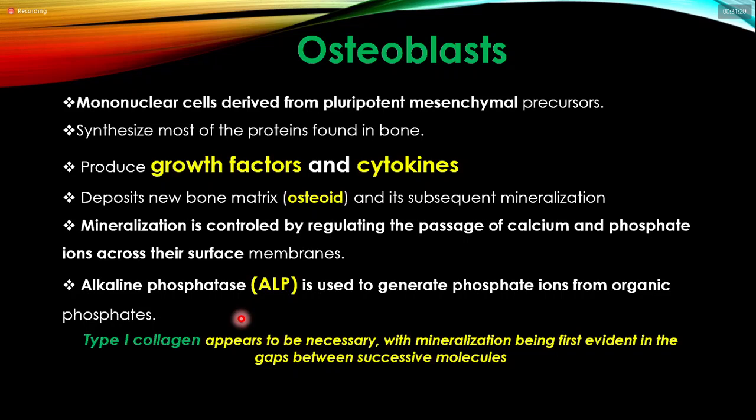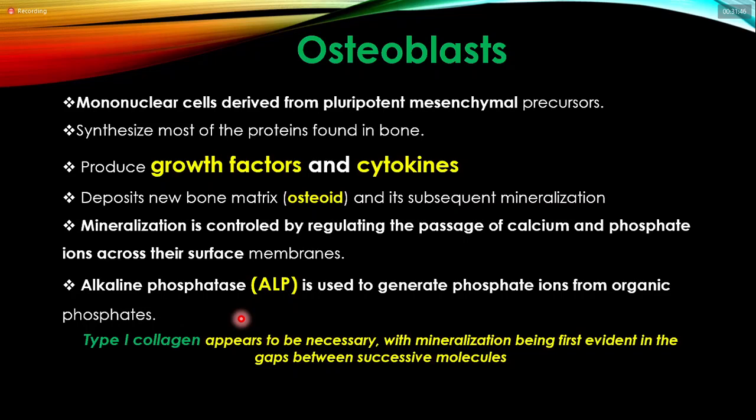And why do we have alkaline phosphatase in the osteoblast or bone cells? Because alkaline phosphatase is responsible for the dissociation of organic phosphate to inorganic phosphate. What does that mean? The phosphate exists in organic form attached to proteins, and the alkaline phosphatase is responsible for the removal of this phosphate from these proteins in order to carry out the mineralization process.